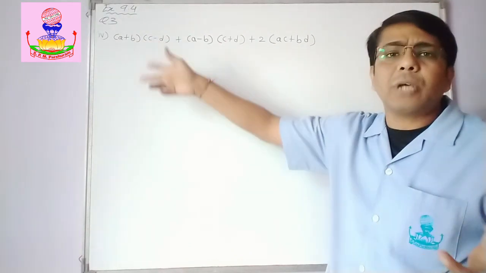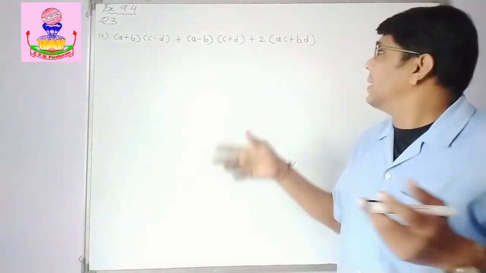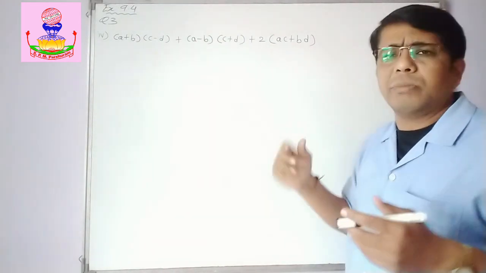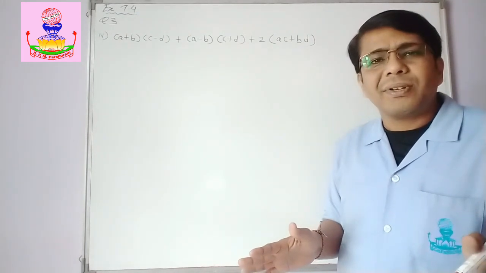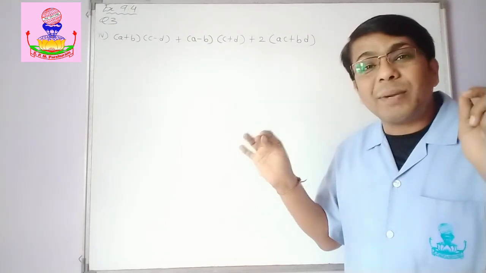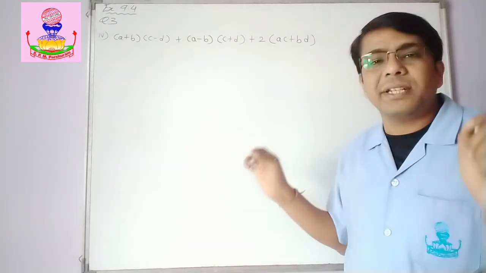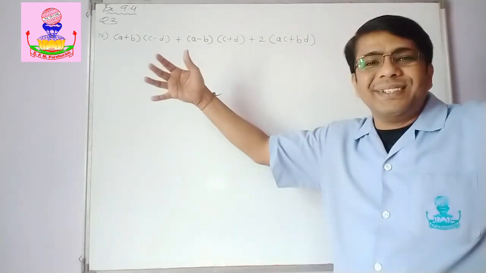Yes, this is binomial by binomial. So I know the multiplication. Again, it is binomial by binomial. I know the multiplication. This is monomial by binomial. I know the multiplication. Go on simplifying it. Don't panic. Believe in your capabilities. Yes, I have studied this. I know it. Don't get scared by seeing the length of the example.